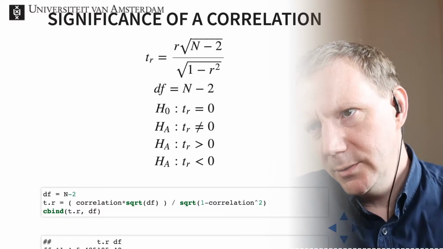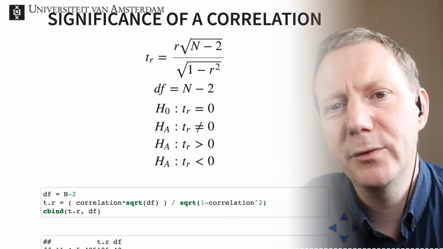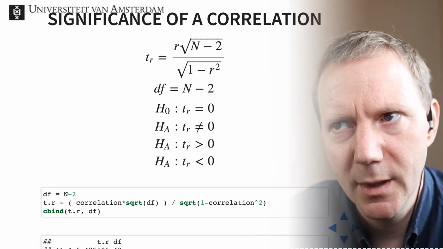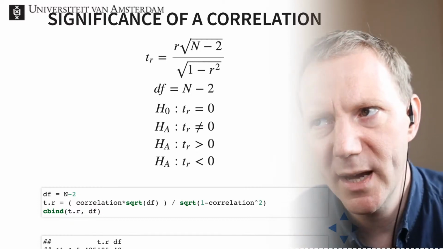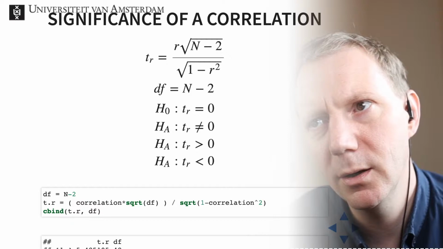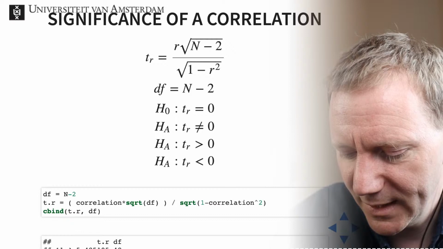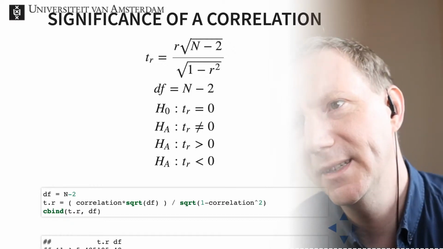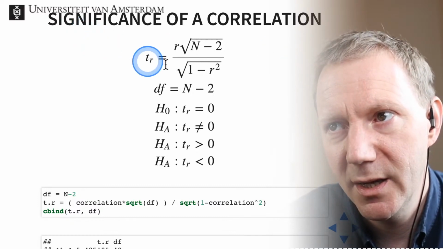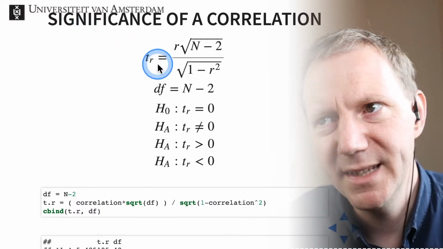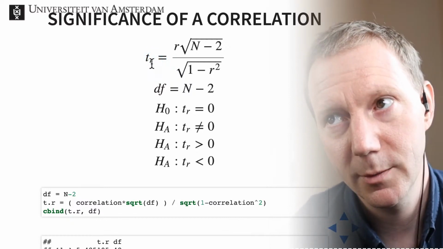Now, if we want to test the significance of the correlation, then we have to go back to the t-test. What is happening is that we transform the actual correlation value, incorporating the sample size, to get essentially a t-value. And this t-value is the same t-value as we've used in the first block.